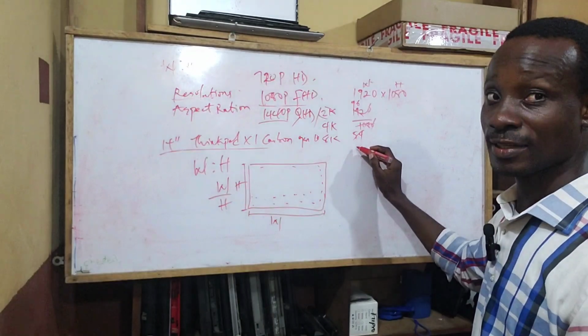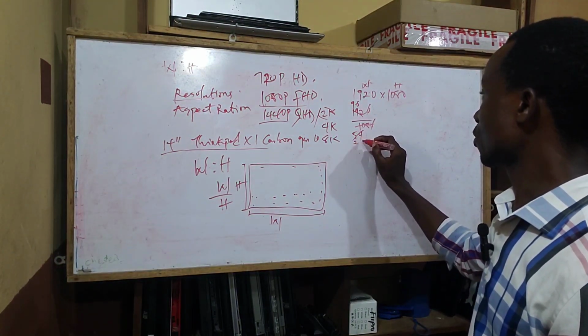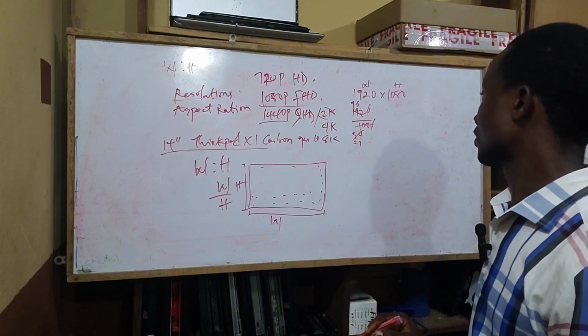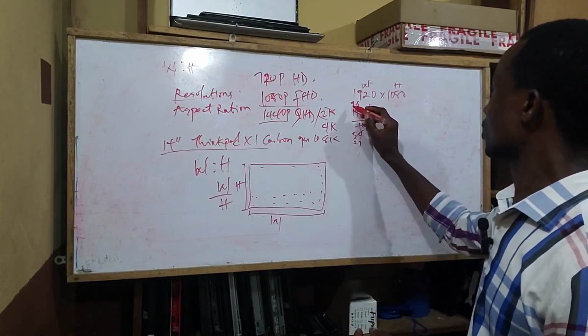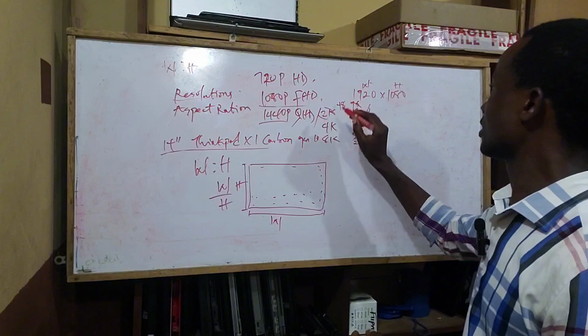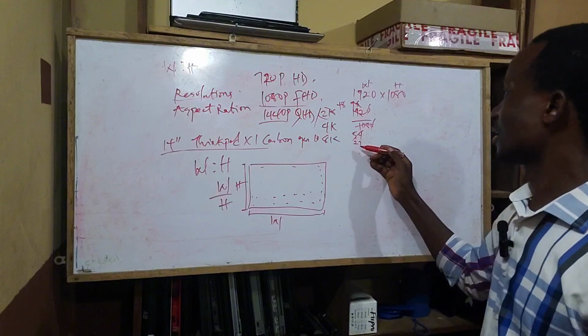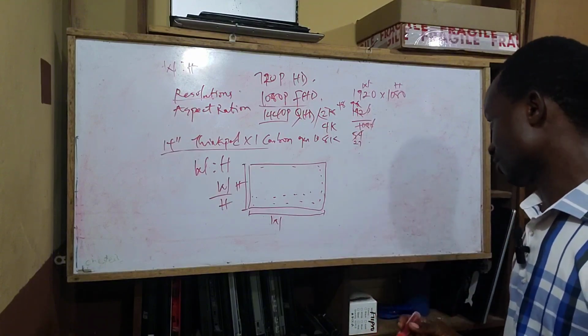Let me use 2 again. 2 into 96 is 48, and 2 into 54 is 27. So what can go into these two? This is 48, this is 27.